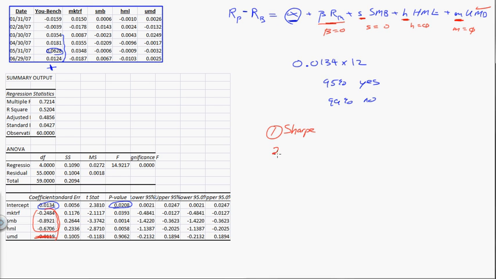Just last review, the Sharpe ratio, the Treynor measure, Jensen's alpha, the Fama and French alpha, and then the very last thing, the difference alpha from RP minus RB for the benchmark.